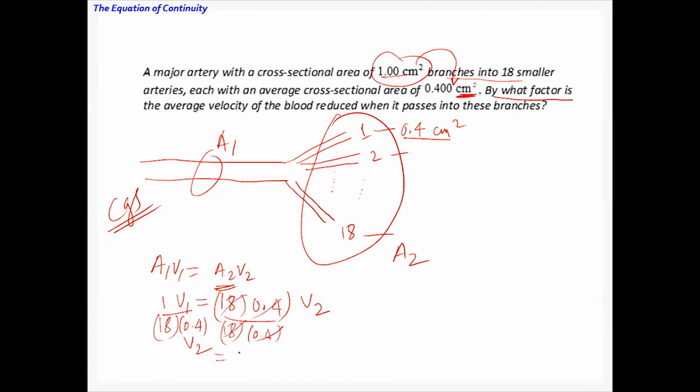So V2 equals 1 over 18 times 0.4, which is equal to 0.139 V1. Okay, so by what factor is the average velocity of the blood reduced? All right, so this equation of continuity is very powerful.